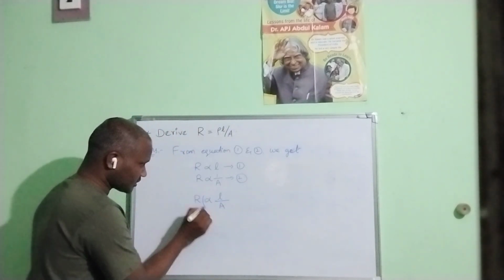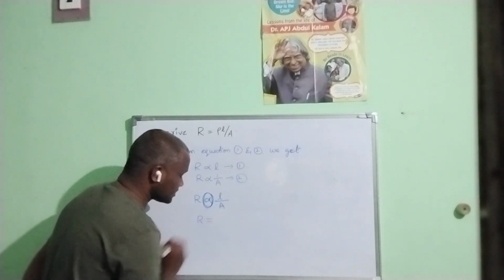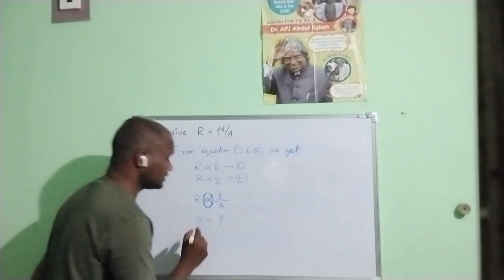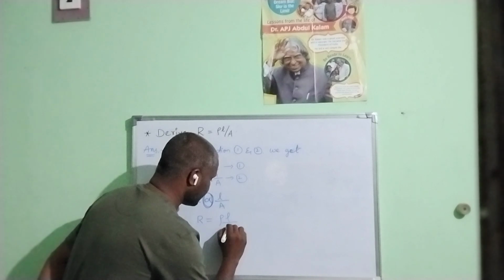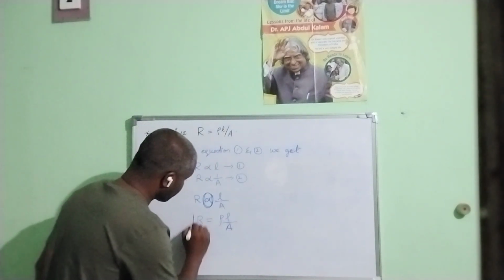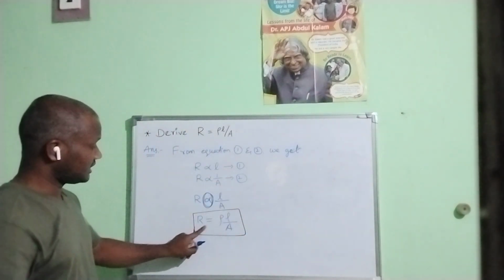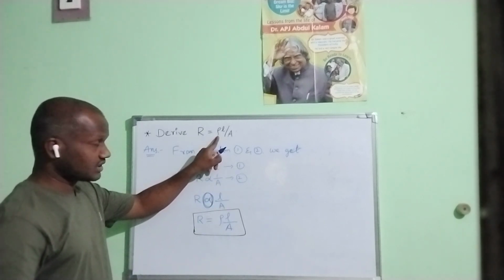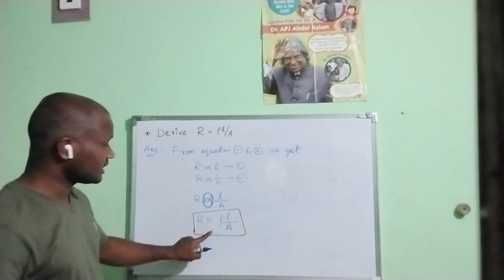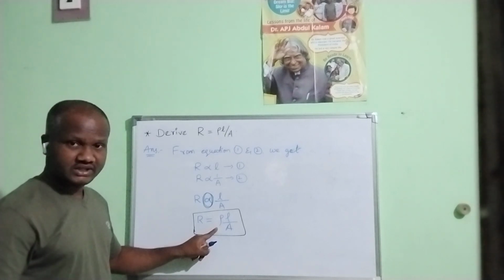By removing the proportionality symbol, we are going to take the equals symbol, and instead of that we are using one proportionality constant, that is resistivity. So in this way we got the expression from equation 1 and 2 that R is equal to the product of resistivity and length by area.